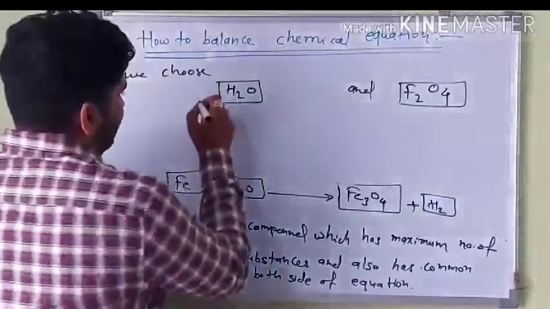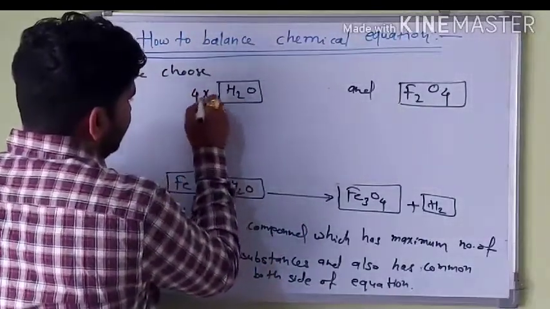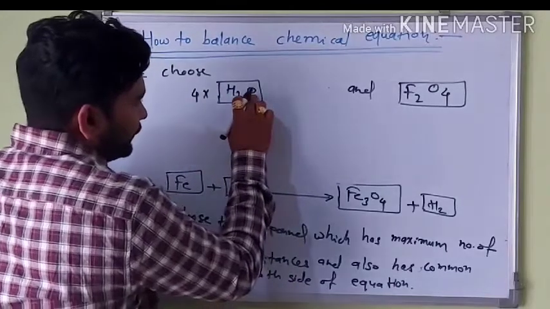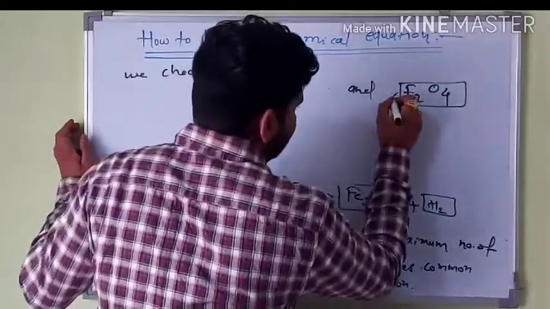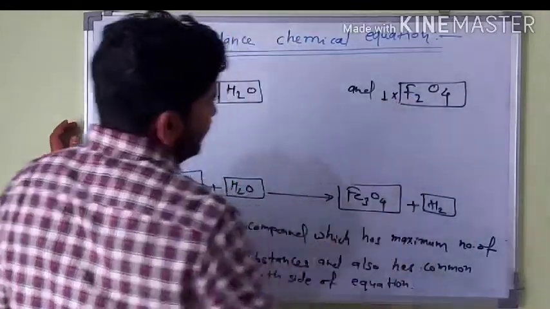Here is 4 oxygen and here is only 1 oxygen. So let's multiply to each other. We multiply by 4 here and it becomes 4 oxygen, and here is 1 oxygen, so we multiply by 1 only here.